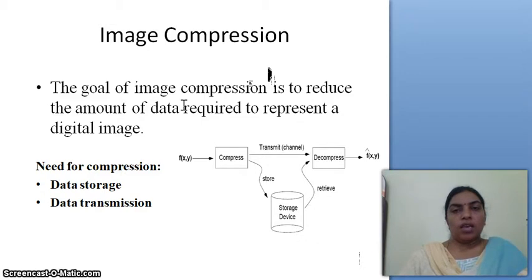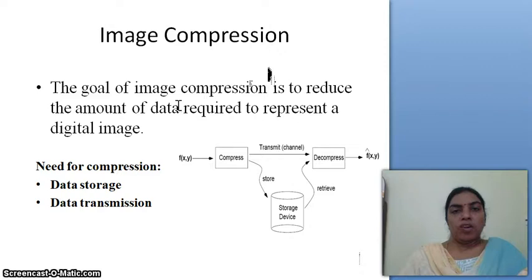But actually our system first compresses the image or video, and only then stores it in the phone memory.